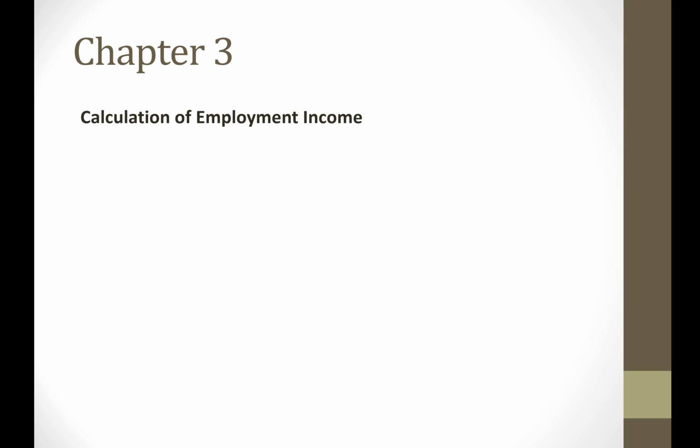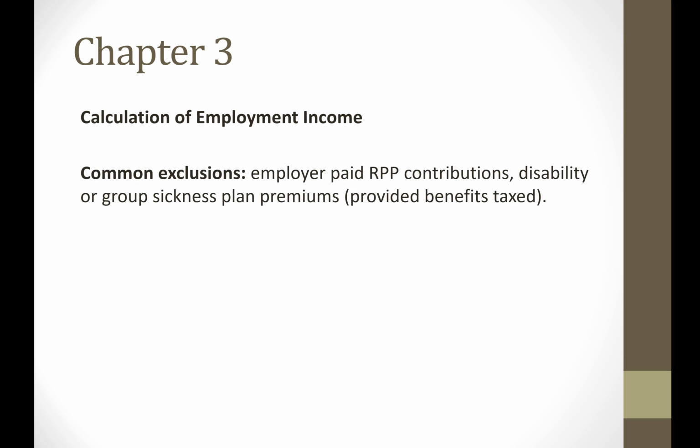Moving on to the next slide, we talked about how we calculate employment income. Well, there's certain things that we do not include, and these are basically non-taxable benefits. So if the employer has an RPP, a registered pension plan that helps their employees save for retirement, then if the employer contributes to the employee's RPP, that contribution that the employer makes on behalf of the employee is not included in employment income.